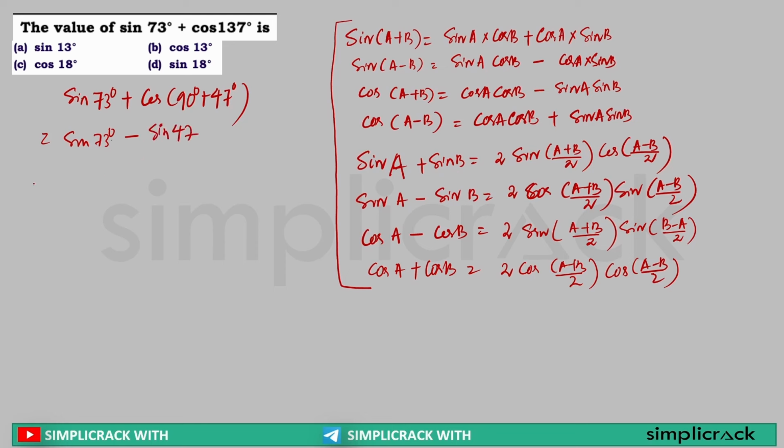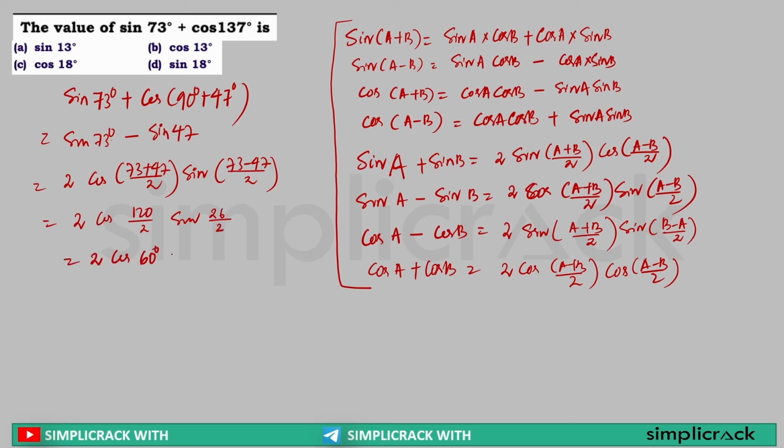Sine A minus sine B is equal to 2 cos A plus B by 2 into sine A minus B by 2. This can be written as 2 into cos 120 by 2 into sine 26 by 2. So this can be further written as 2 cos 60 degree into sine 13 degree. Cos 60 degree is equal to 1 by 2, into sine 13 degree, as the 2 is crossed out. So the answer is sine 13 degree, that is option A.